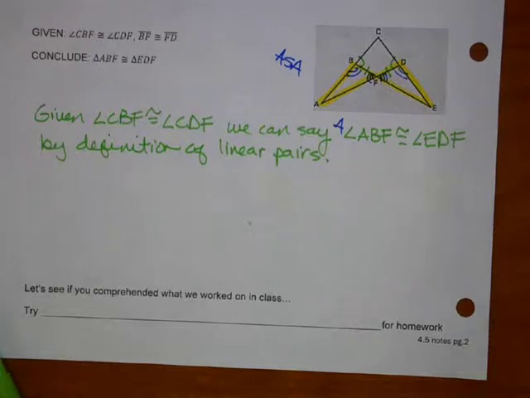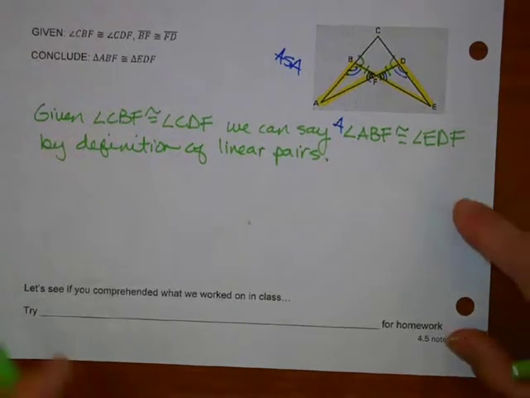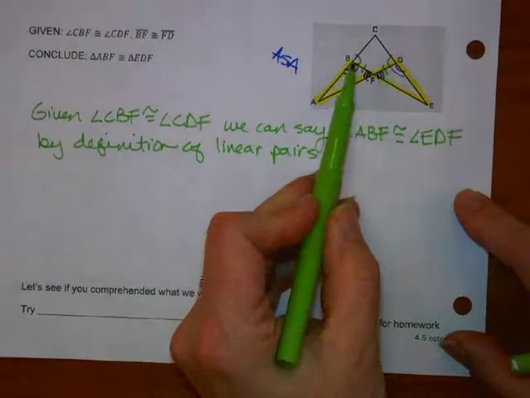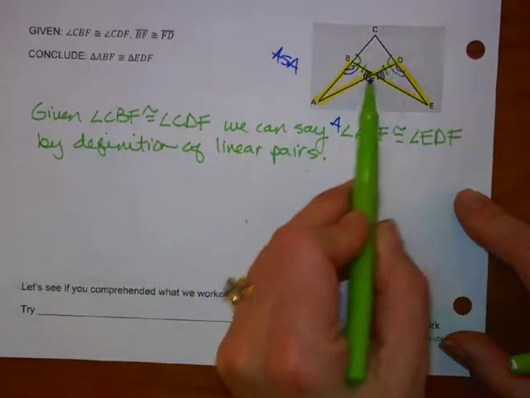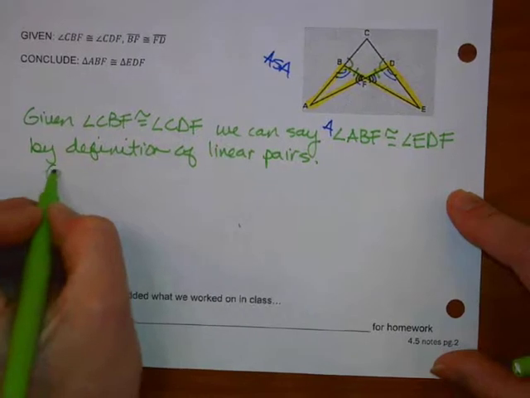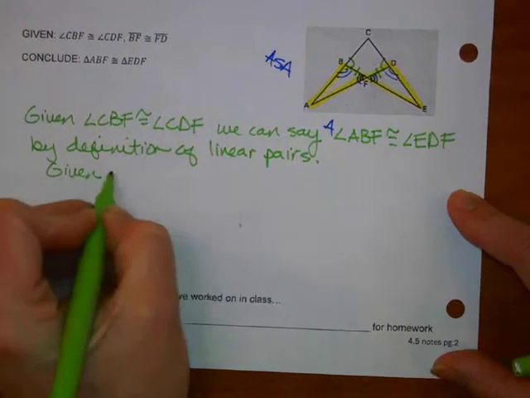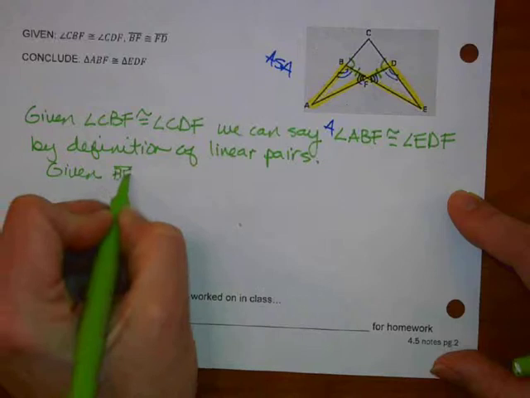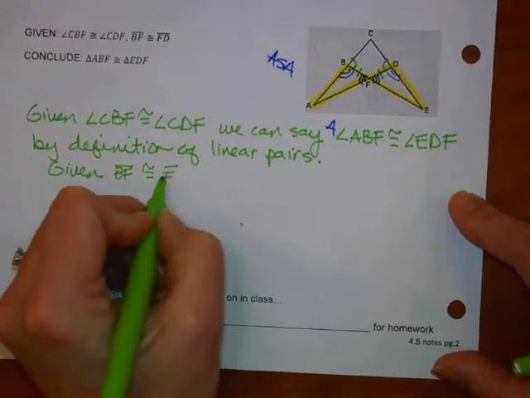That's an A. Do we have to put that? No, this is just if it helps you. You can do it. All right. Now, we were given the sides were congruent, weren't we? So that's easy enough. Let's just write that. Given segment BF is congruent to segment FD.